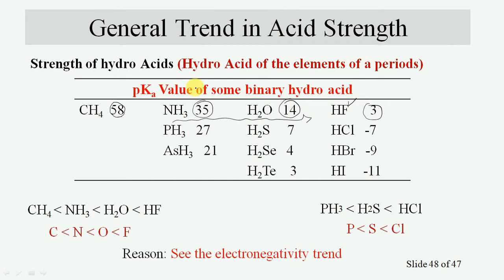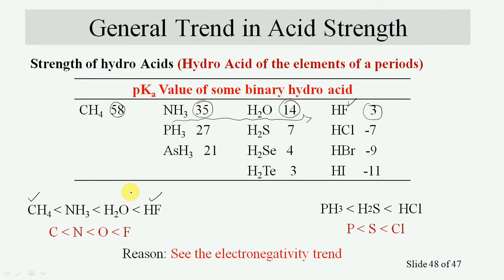So the acidic strength of hydroacids of elements of the second period is going to increase as follows. Here methane is the weakest hydroacid, while hydrogen fluoride is the strongest among these four.